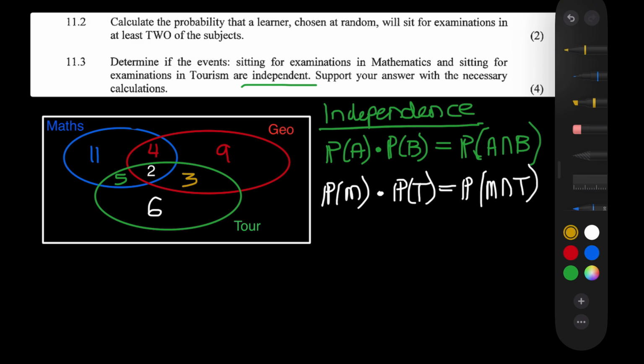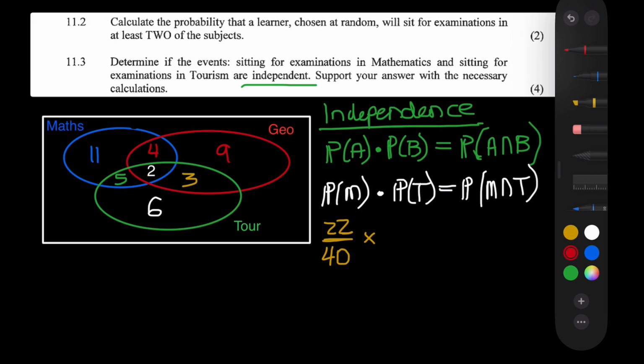So all we need to do is check if the left-hand side is equal to the right-hand side. So the left-hand side, we know that students taking mathematics in this blue circle over here is simply 22 divided by the total number of students, which is 14. You see, that's the probability of those sitting for mathematics.